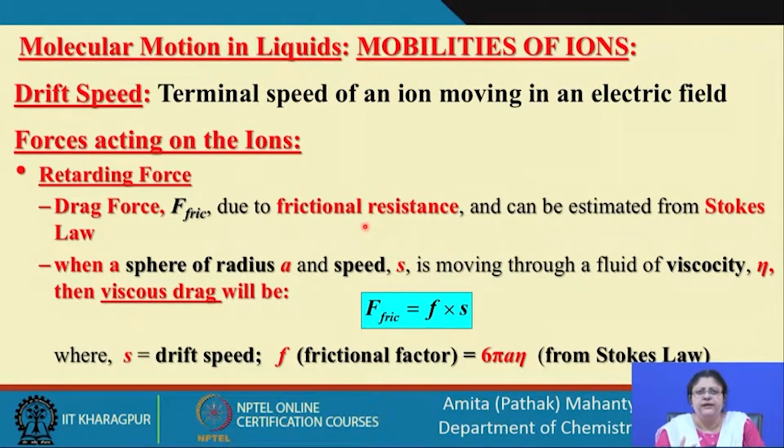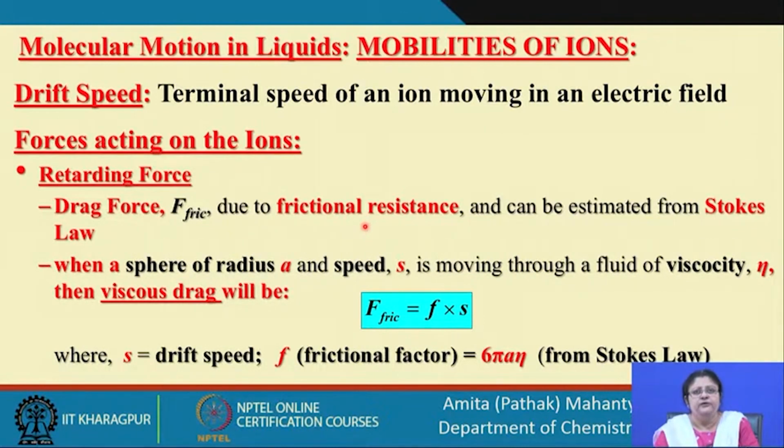So, we are visualizing the ions in the form of a sphere of a particular radius, moving with a particular speed s through a fluid medium having a viscosity eta. So, the dragging force is due to the frictional resistance. This frictional resistance is actually the viscous drag we talk about, and this viscous drag which is acting on the ions in solution is nothing but the frictional factor into the terminal speed or drift speed.